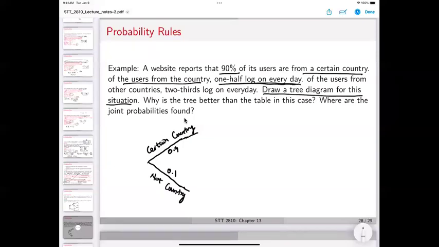Then it goes ahead to say, of users from the country, 1/2 log on every day. So of users from this certain country, here is going to be log on every day. Is that okay? And here will be not every day.